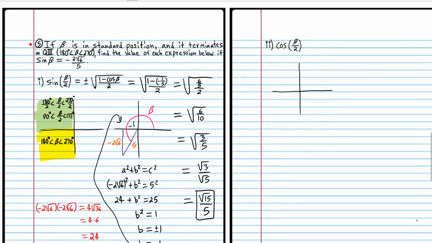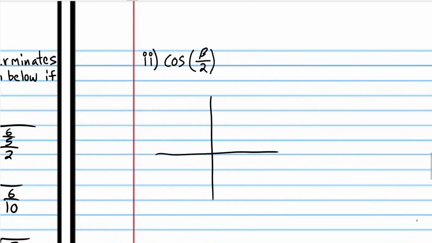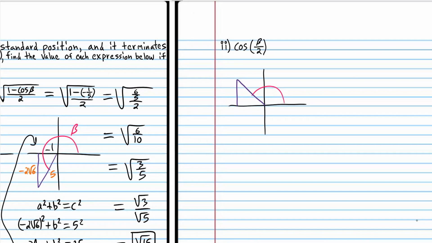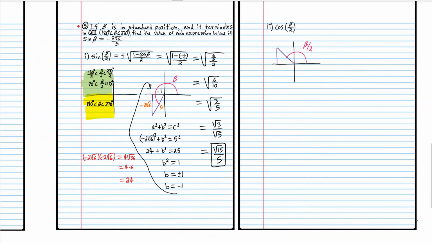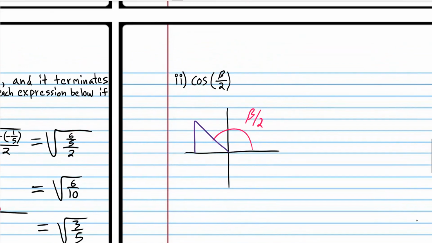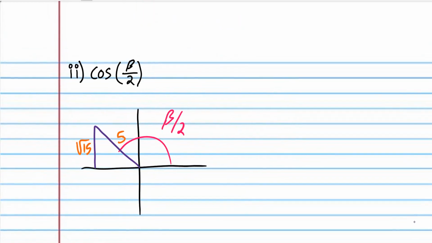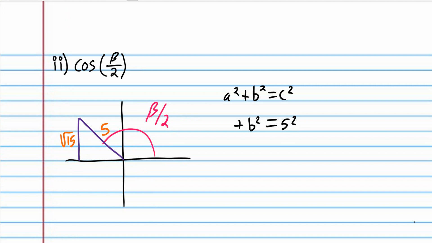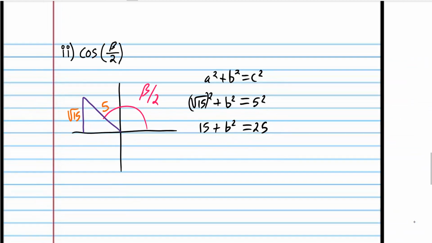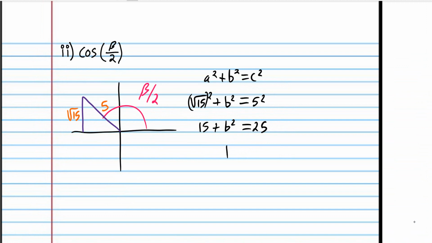We know that beta over 2 terminates in the second quadrant, and we know that sine beta over 2 is root 15 over 5. So now we can use the Pythagorean theorem to find the missing side, and we get plus or minus root 10.